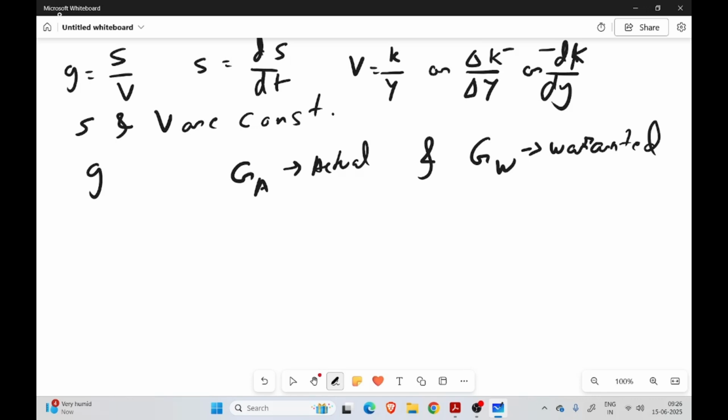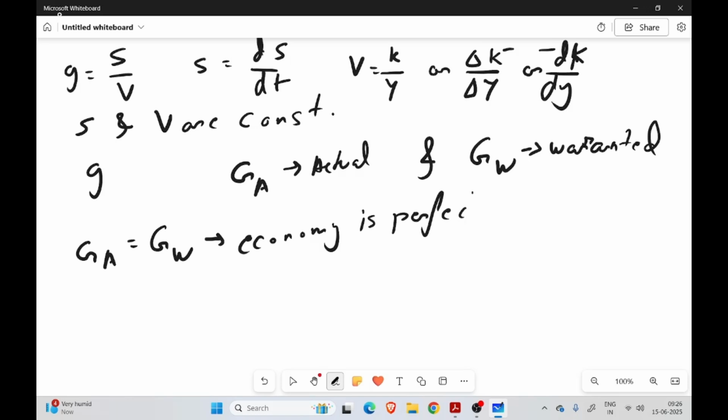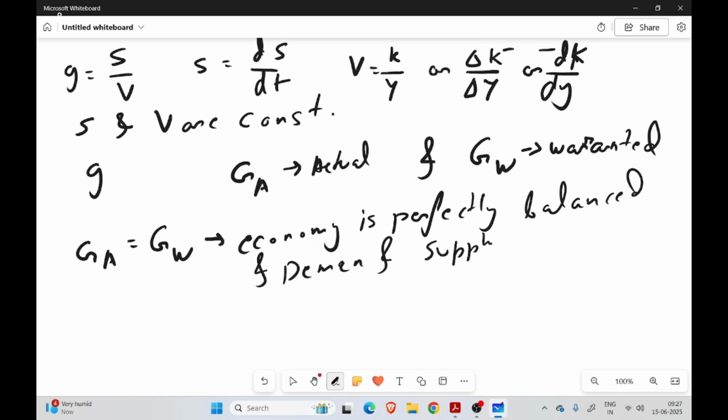If GA is equal to GW, then the economy is perfectly balanced and demand and supply balance each other.